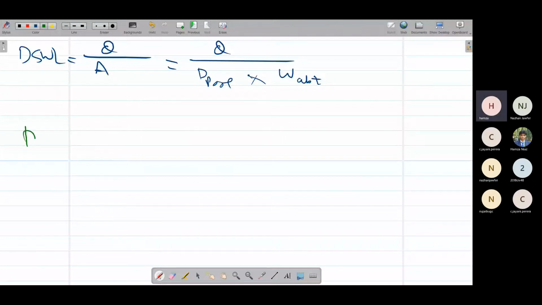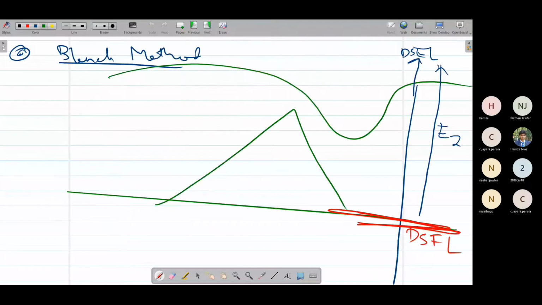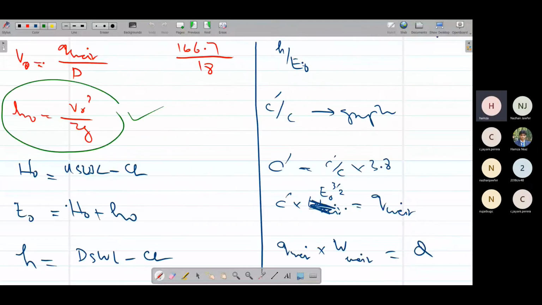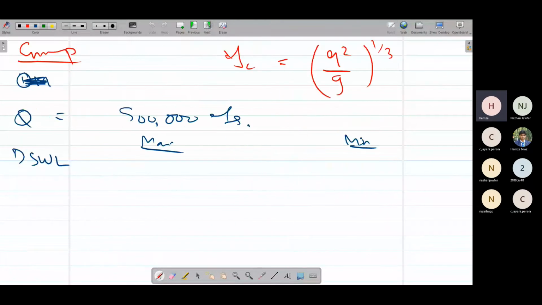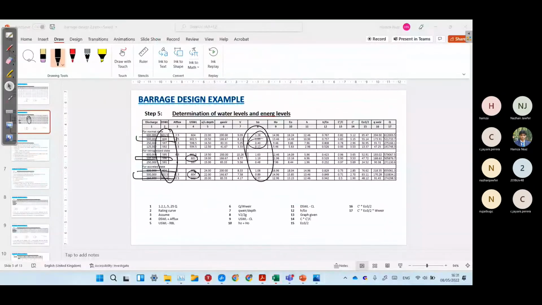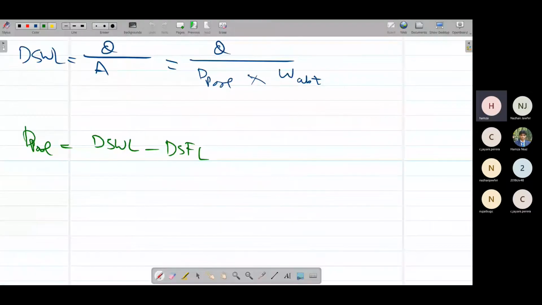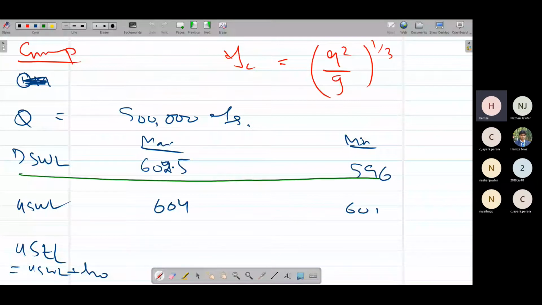So D pool simply would be downstream water level minus downstream flow level. So simply this downstream water level that we have calculated before, this one that we have also written here.